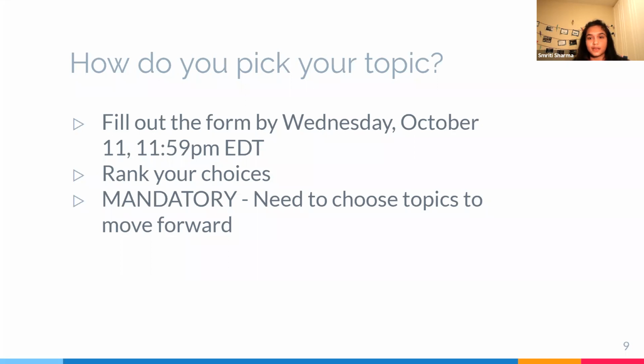You choose your first choice, second choice, and so on, however you want. We're going to do our best to accommodate your first choices. You have to fill out the form, because that's how you get your topics. That's really important, because you need those topics to complete your abstract and therefore your project. So that's an important step.